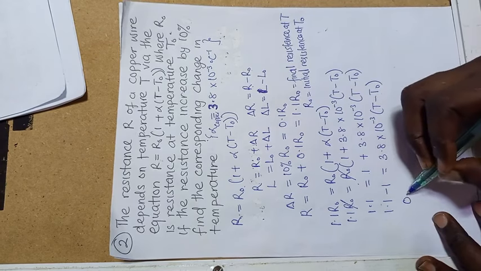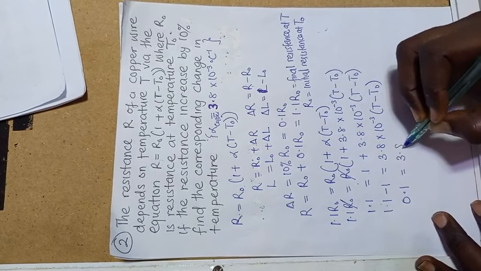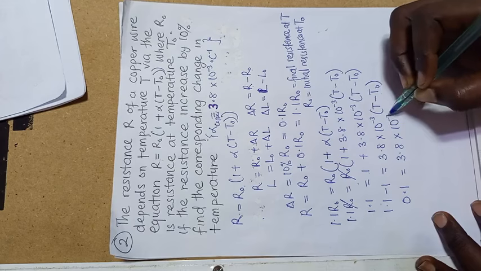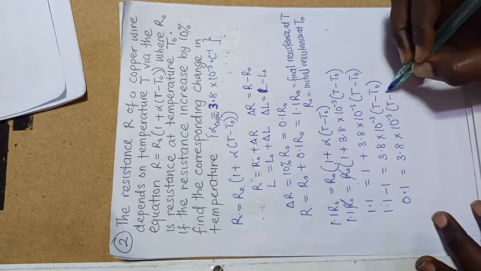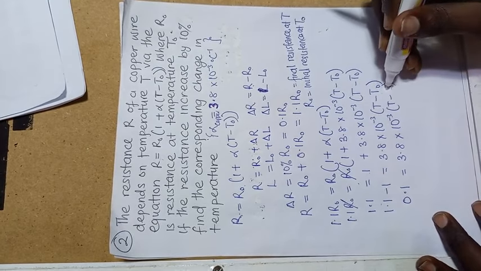This one will give us 0.1 equals 3.8 times 10 to the power of minus 3 into T minus T naught. It's T naught, please.